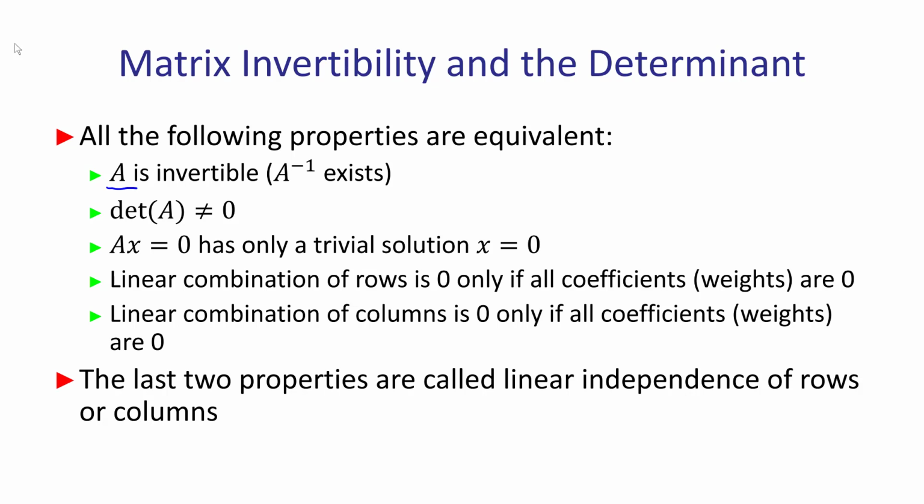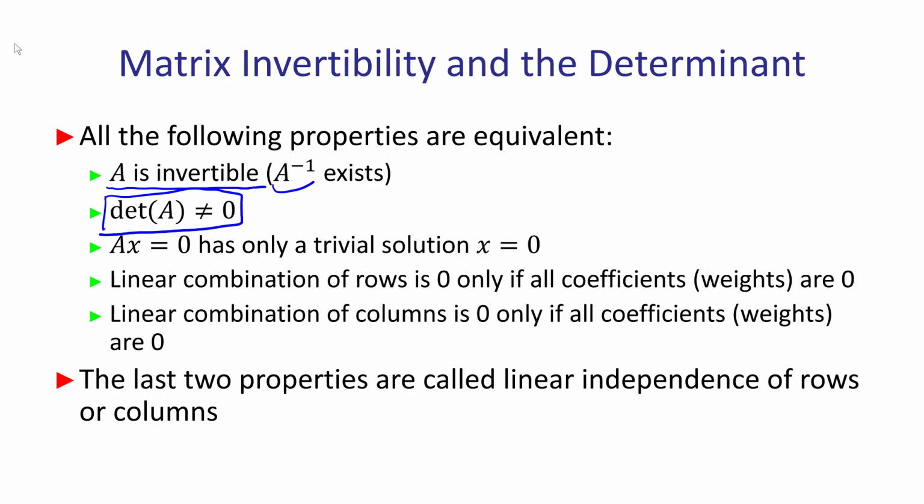So matrix A is invertible, which means that A to the power of minus 1 exists, if and only if the determinant of that matrix is not equal to 0. In other words, if the determinant of A is 0, then A will not be invertible.